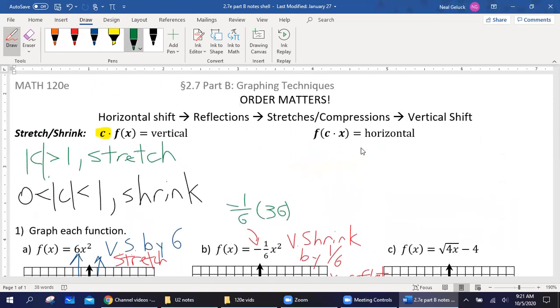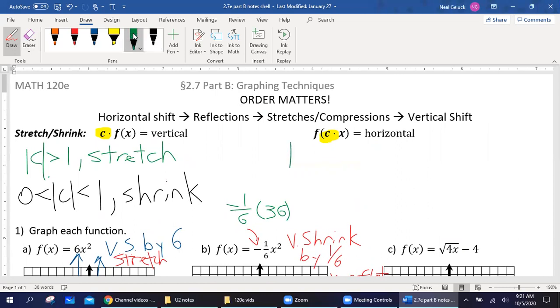The other option that can happen is if we multiply inside of the function, if we multiply just the x by some constant. This is going to be a horizontal stretch or shrink. Now, what happens is the rules actually change.